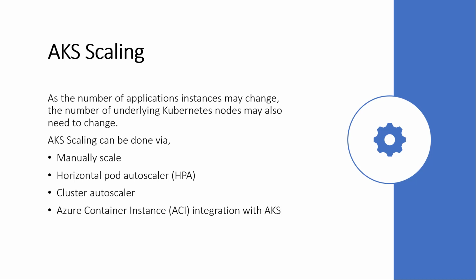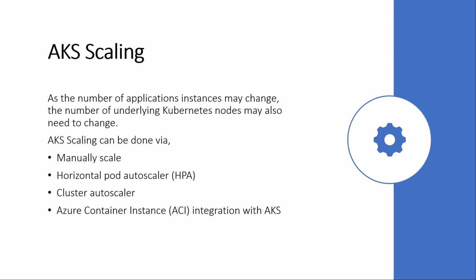Now, Azure Kubernetes Service gives you a lot of options in terms of scaling. You could manually scale the nodes. It could be an option, but it is a little tedious and difficult. We'll talk about it in the next slide. You could also use the horizontal pod autoscaler, generally referred to as HPA, which is pretty effective.